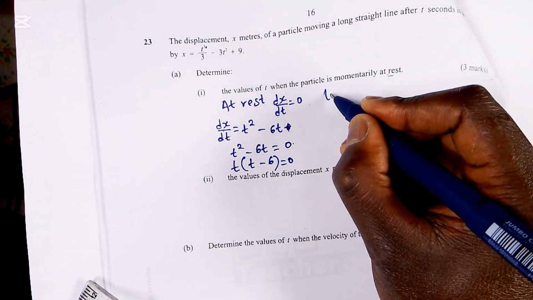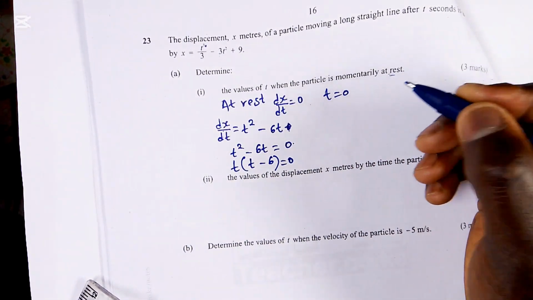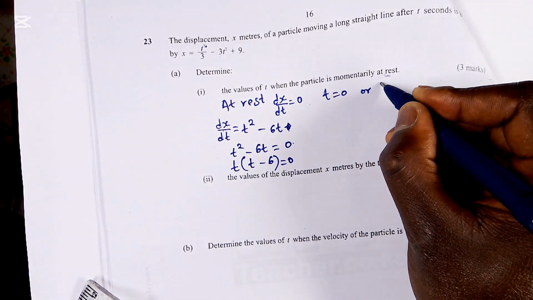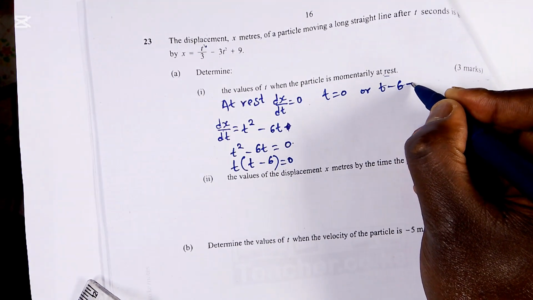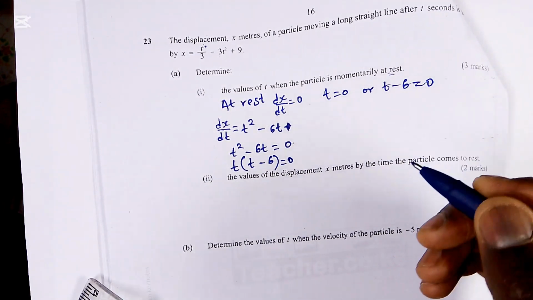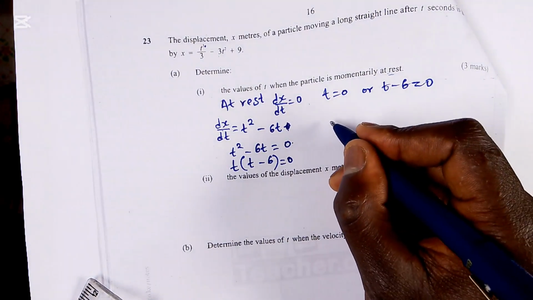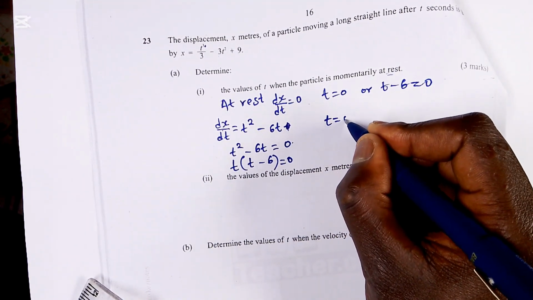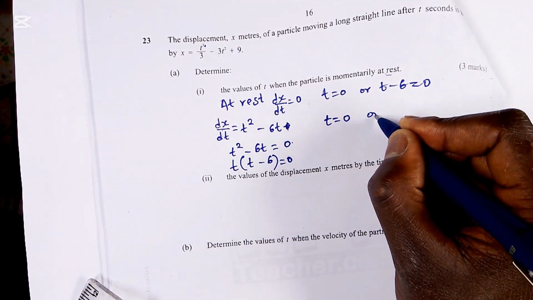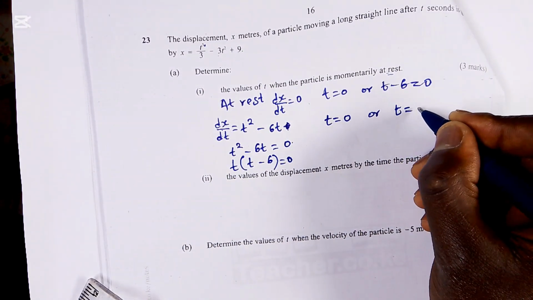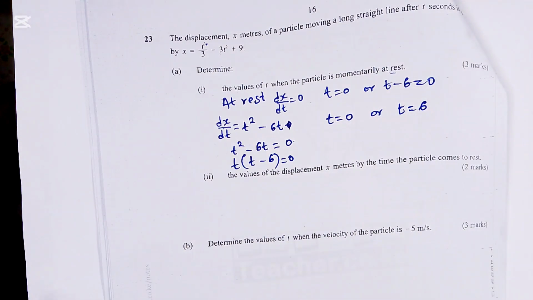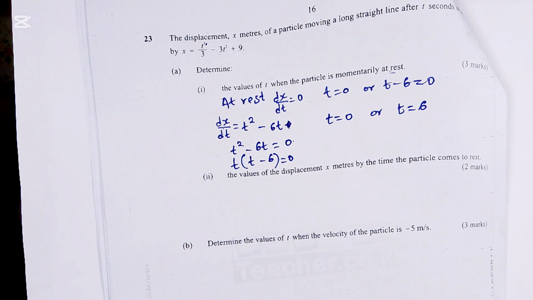So we will have t is equal to 0, or t minus 6 is equal to 0. So having that, our value of t will either be 0 seconds or t is equal to 6. So those are our values of t when the particle is momentarily at rest.